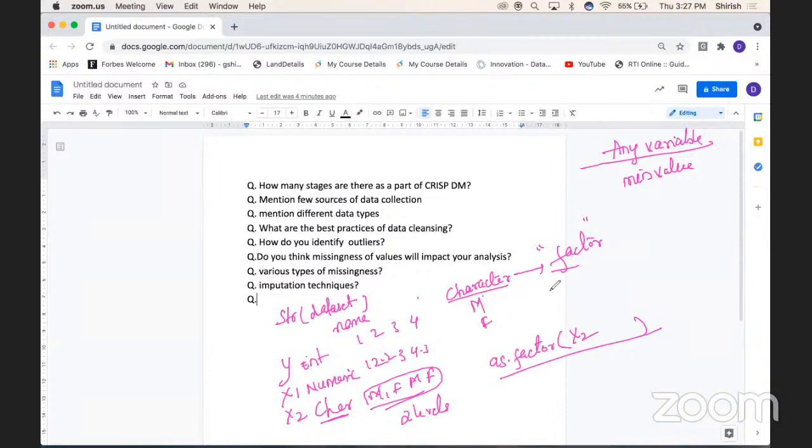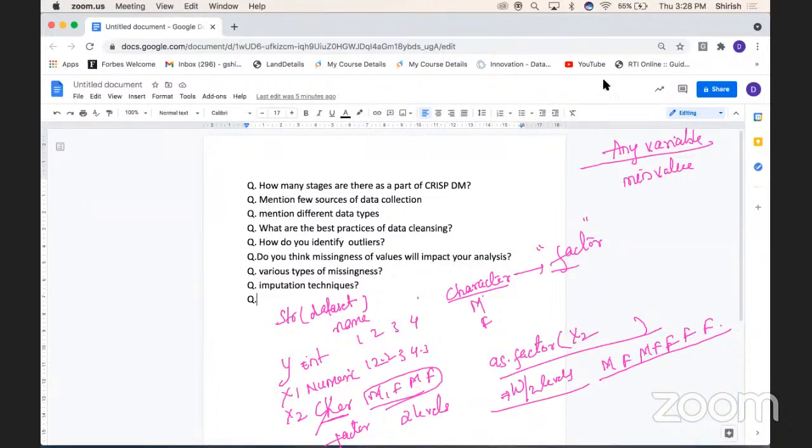Once you convert it, it will say that it has 2 levels, male and female, in any order. It would give you the result that it is converted into factor data and has 2 levels. So here it changes character to factor.